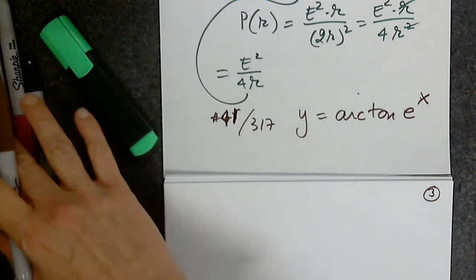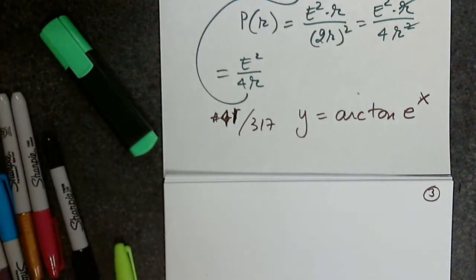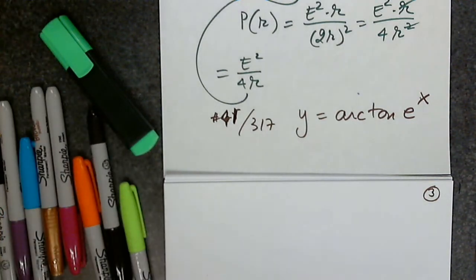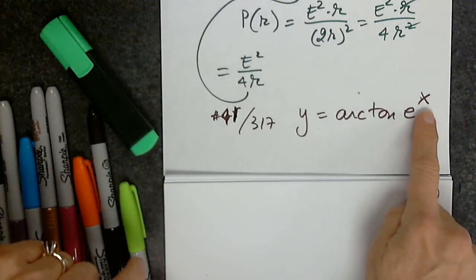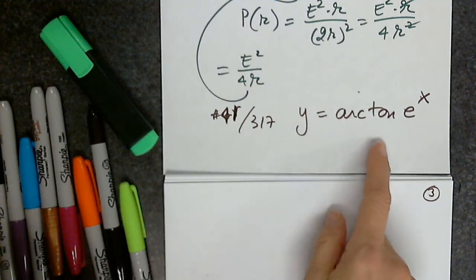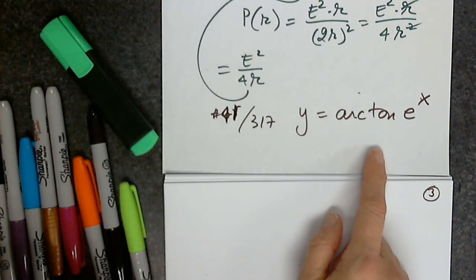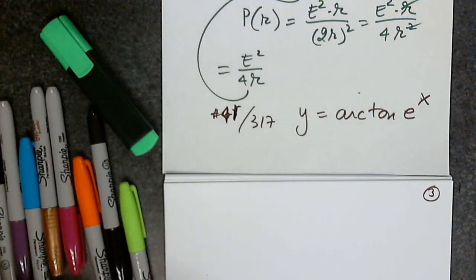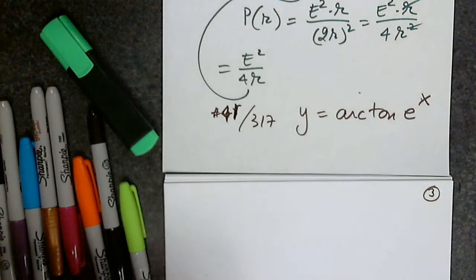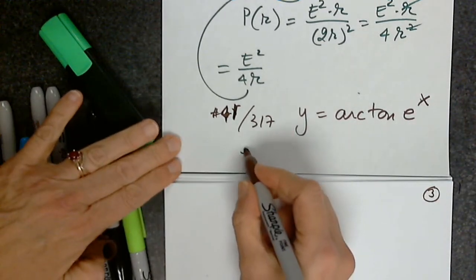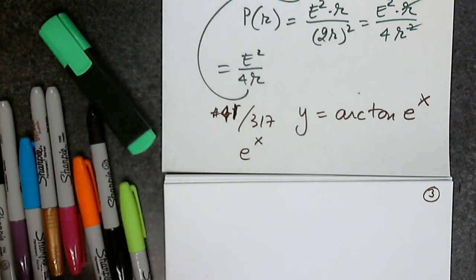First I have to start with the domain of this function. I see two functions, right? I see e to the x inside arctangent. Correct? Okay, perfect. Let's start with the inside. The inside function, e to the x. What is the domain of e to the x? Is it a friendly function? Does e to the x create any problems?